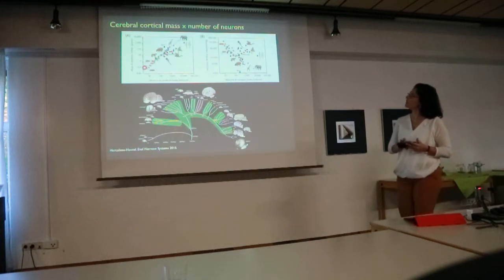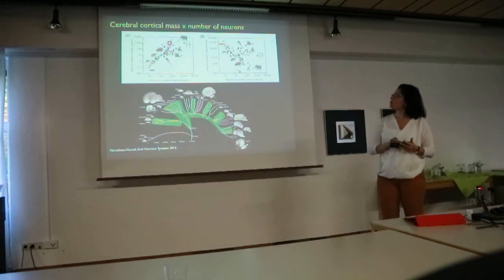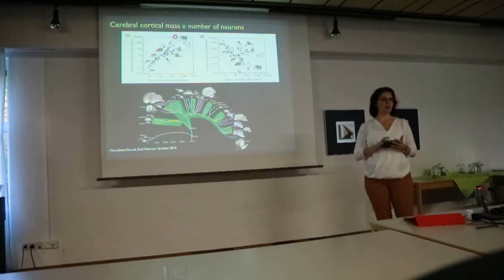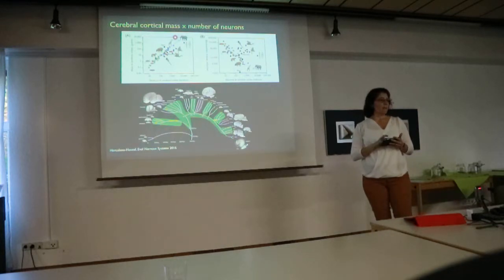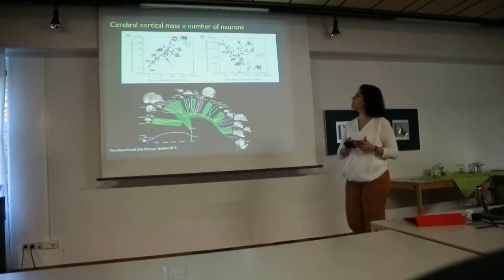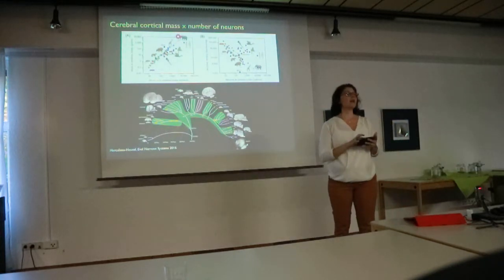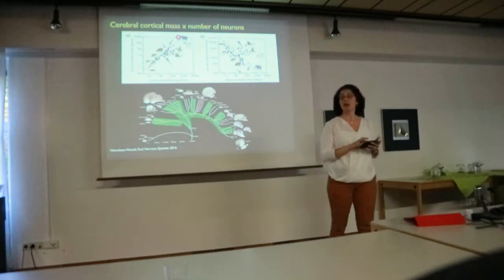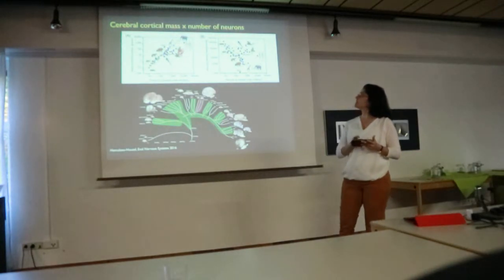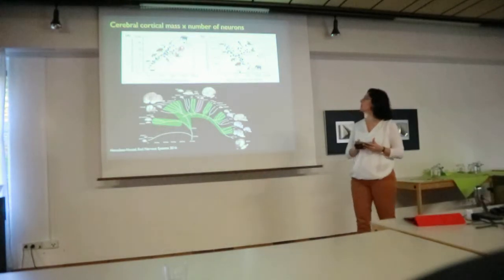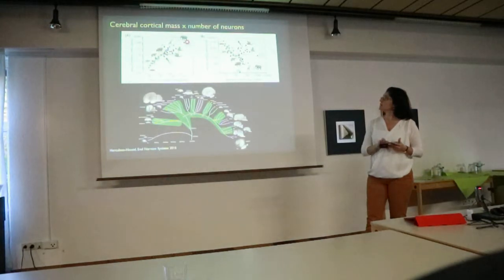So red are primates. Everybody else are these different colors here. So you see that there seems to be one relationship that applies between the size of the cerebral cortex and how many neurons it's made of if you're not a primate. But if you are a primate, there is a different relationship. But very important thing, humans, us here, we're right on the line.